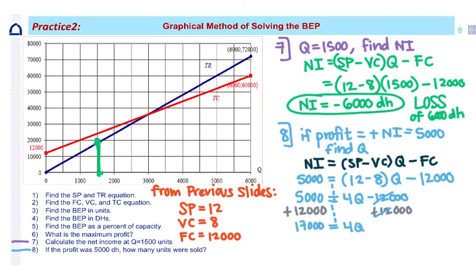And lastly, we will divide both sides by 4 to find the value of Q, and it ends up being 4,250 items. So if we want to make a profit of 5,000 dirhams, then we should sell 4,250 items. That's right about there, and that's a profit of 5,000 dirhams. All right, that's the end of this lesson. Good luck.